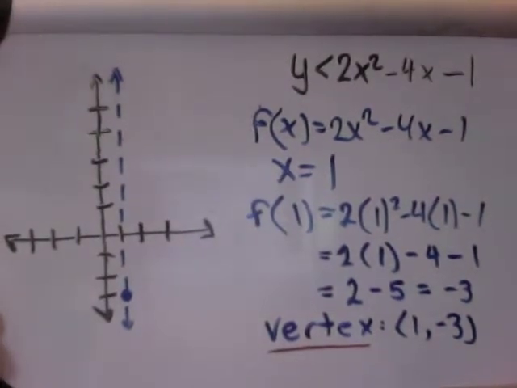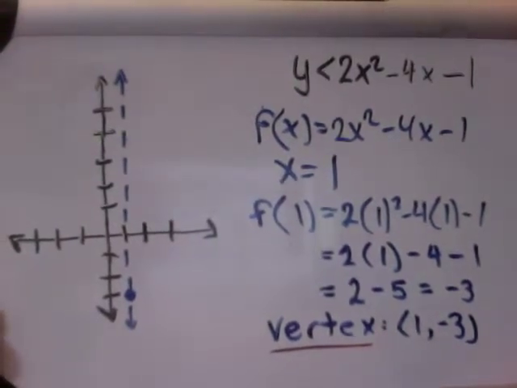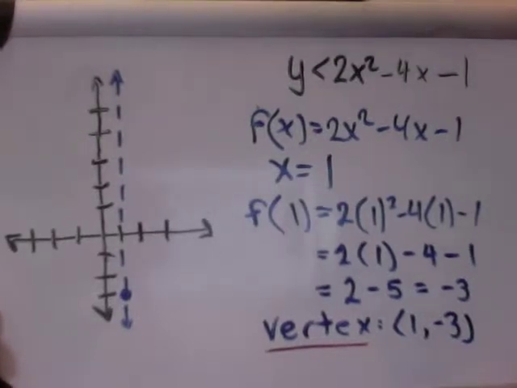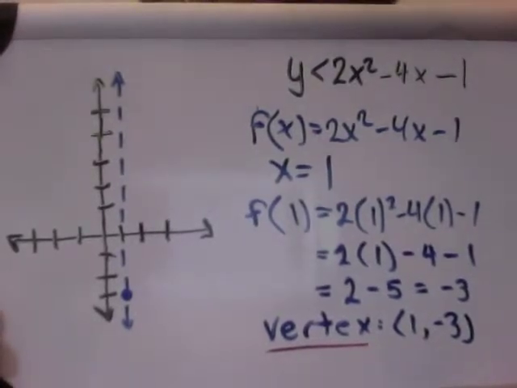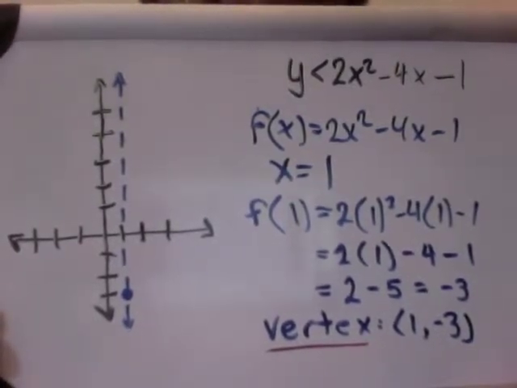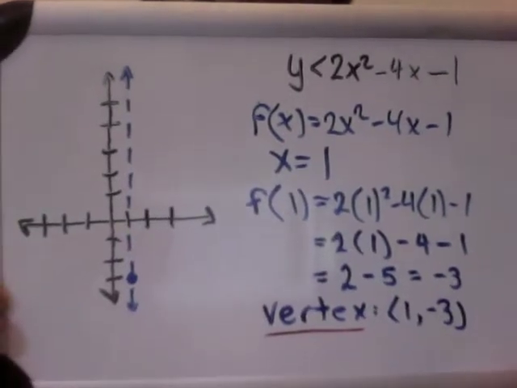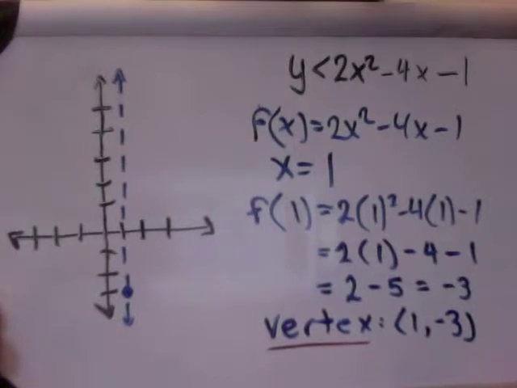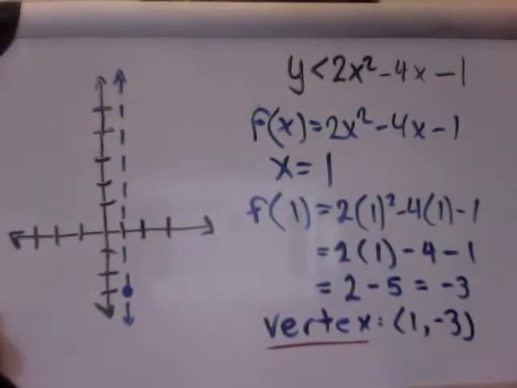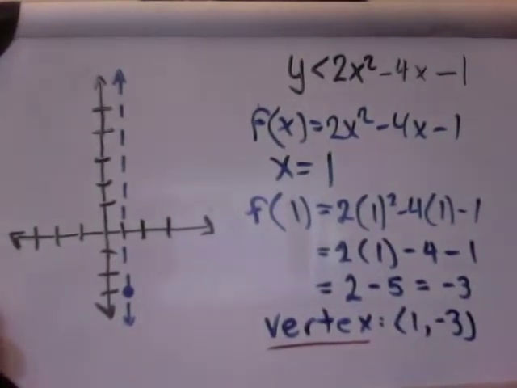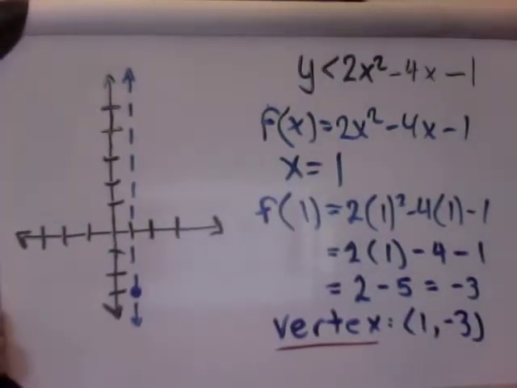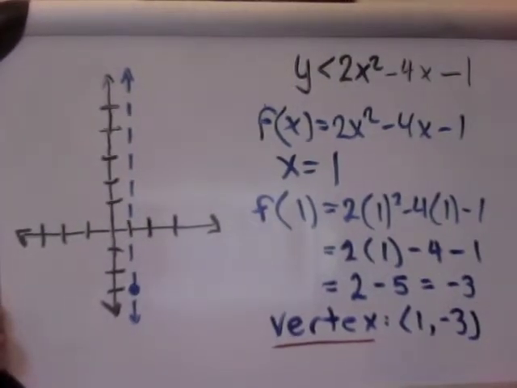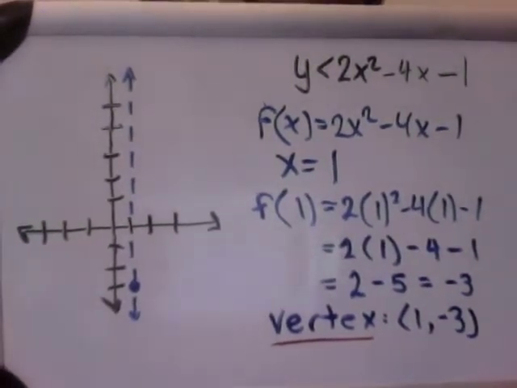Now that we've graphed the line of symmetry, we want to also graph the vertex point so that we can graph the parabola. We know that x equals 1 is the x value of the vertex. So we will put this into the function to find the y value of the vertex. Our vertex is at the point 1, negative 3, as shown on the graph.